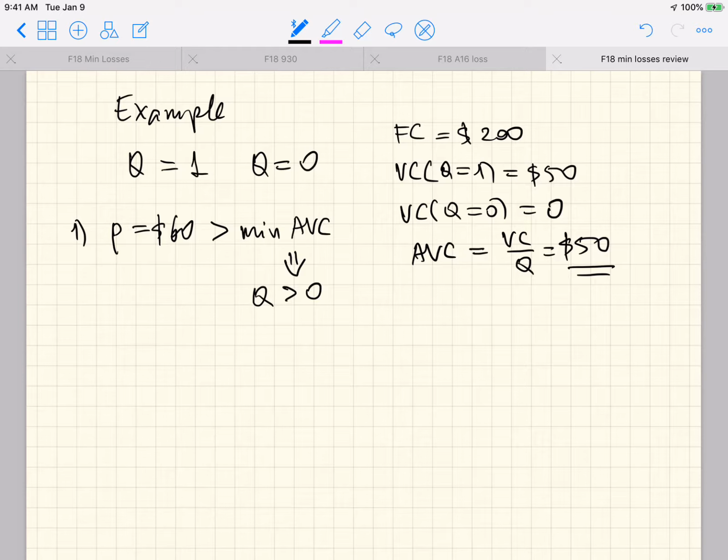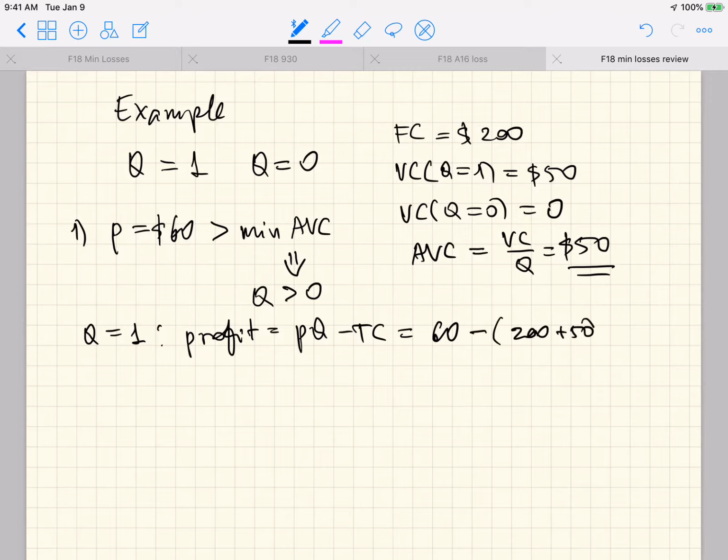And if you pick Q, so basically you take this order, then your profit will be what? It will be PQ minus TC, so it's basically 60 minus 200 plus 50. So it's minus 190.